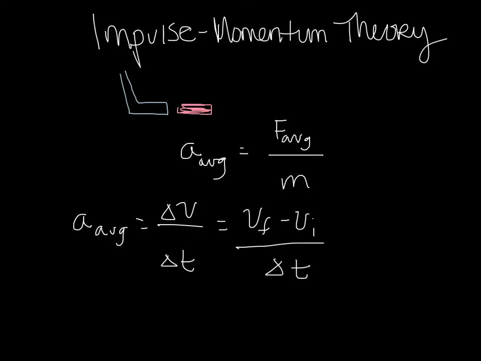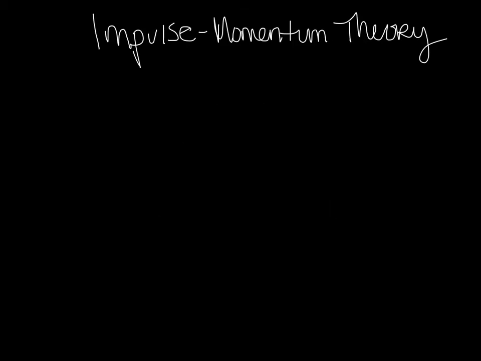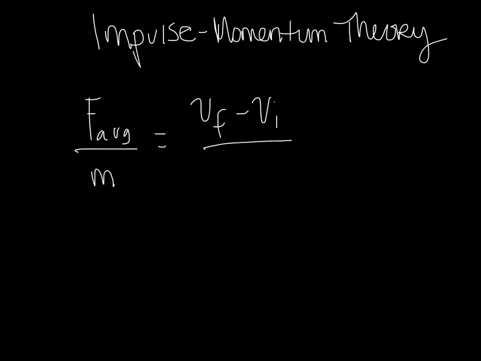So we can set this equation equal to this one. We would have to say that the average force over mass is equal to the final velocity minus the initial velocity over the change in time.